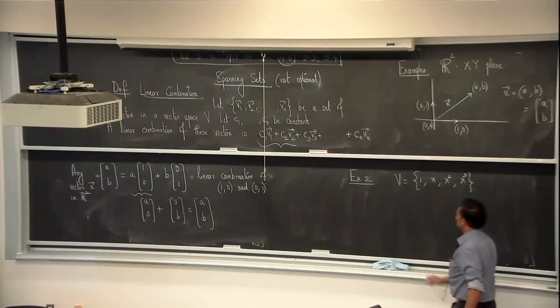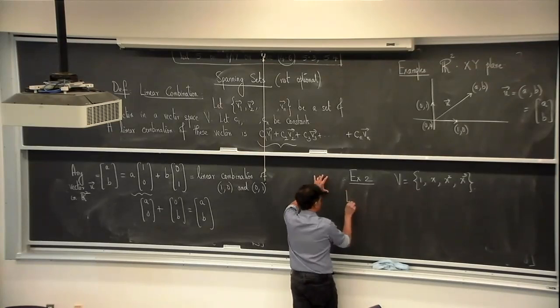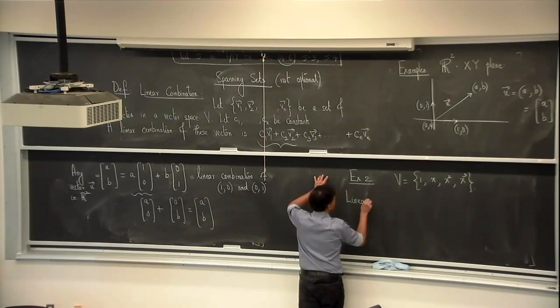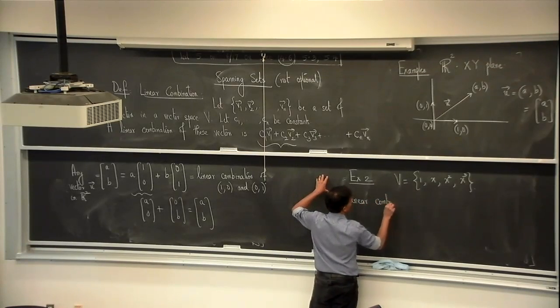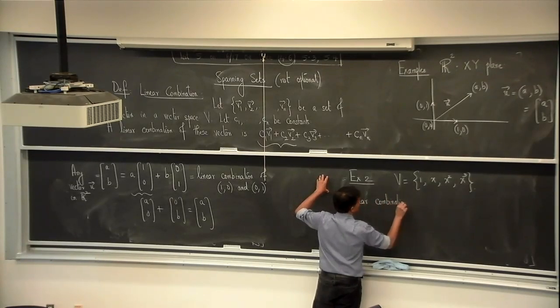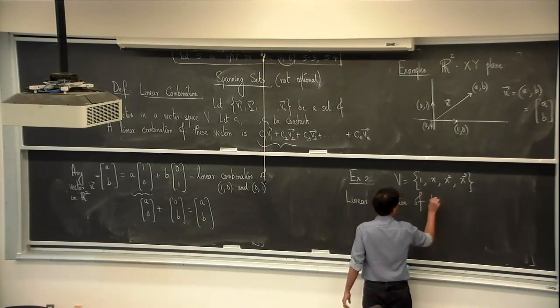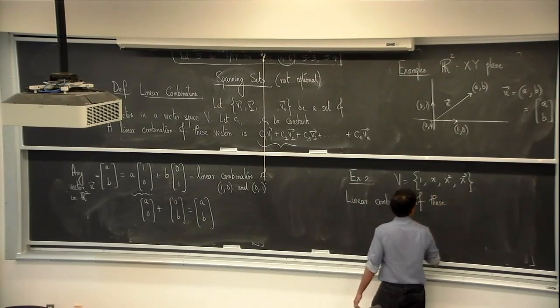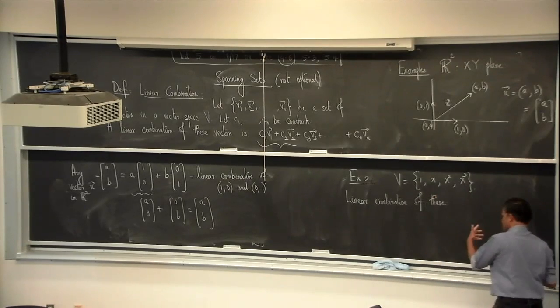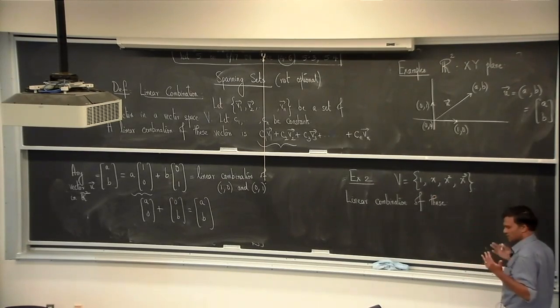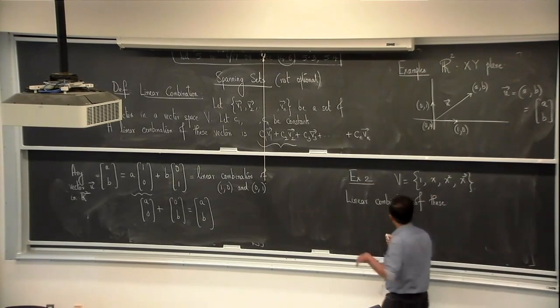Okay. A linear combination of these vectors, again, it doesn't matter what you call those constants. You could call it a, b, c, d, or c1, c2, c3, c4. Okay, I don't care.